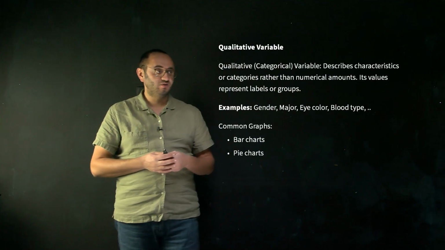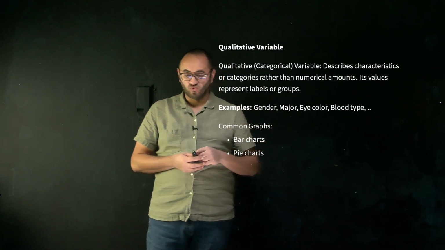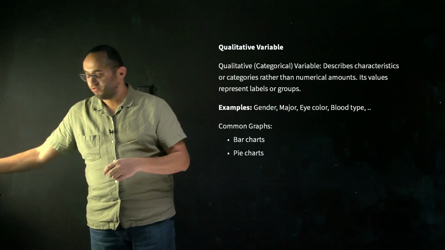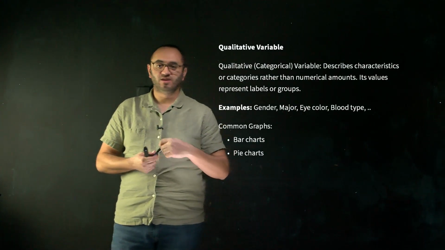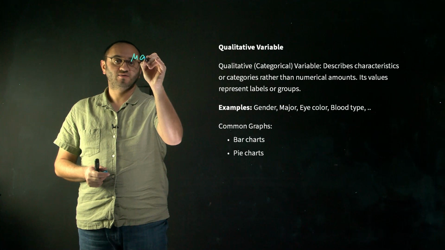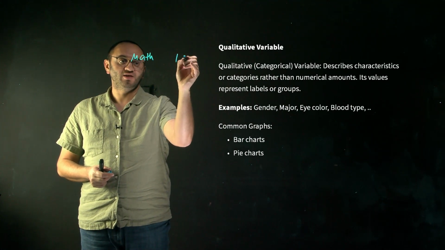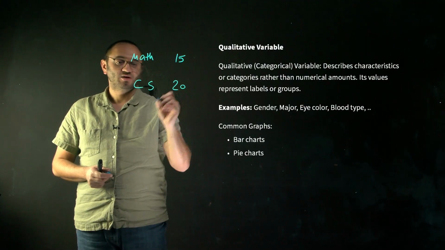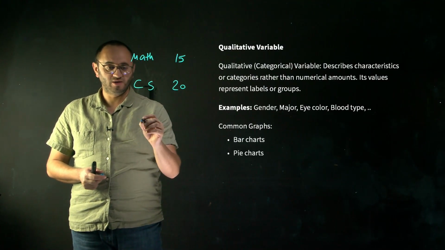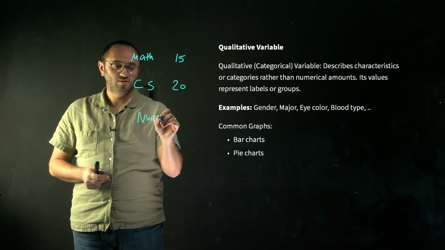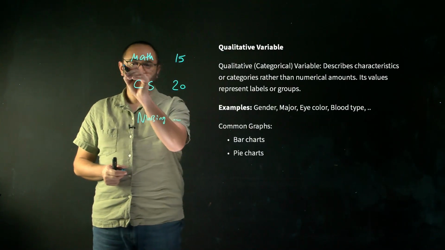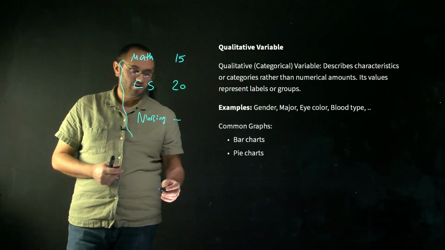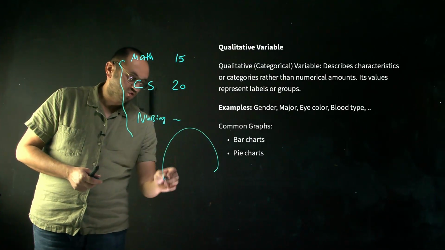For example, if I ask you what is your major, and there are like 50 students in this class, and then maybe math students, let's say we have 15, maybe computer science students, 20, maybe nursing students, whatever number, and then based on those numbers, we can create a bar chart or pie chart.